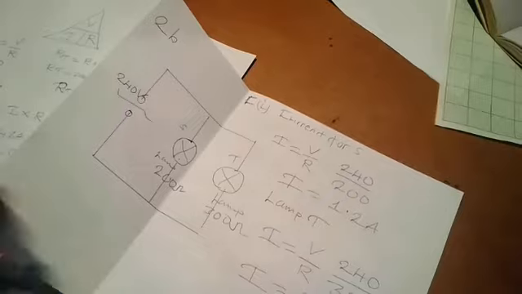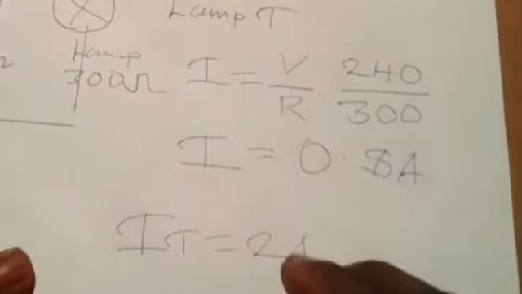But when we look at the connections in parallel, we have 0.8 amps plus 1.2 amps, so the total current in parallel is 2 amps.